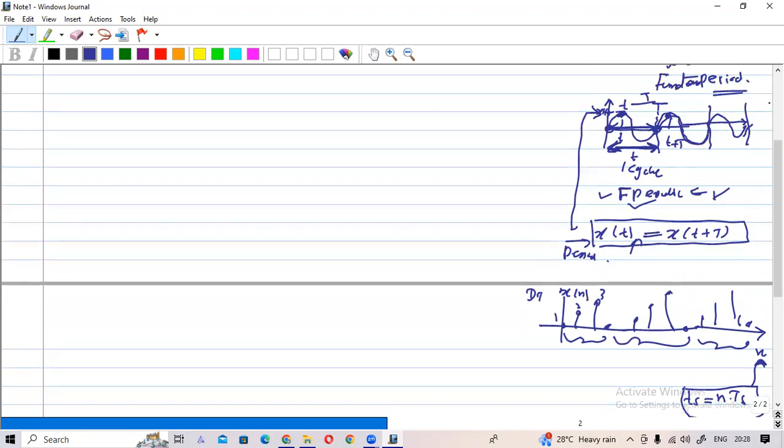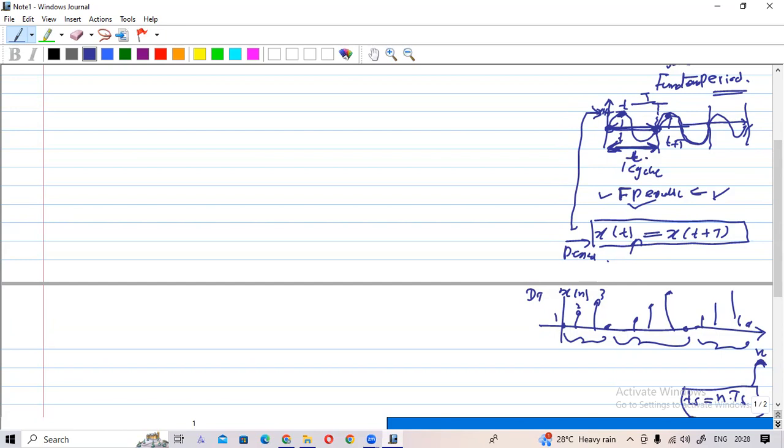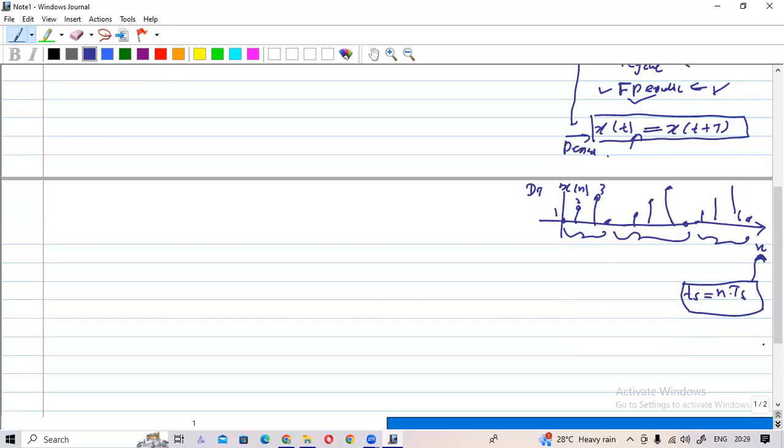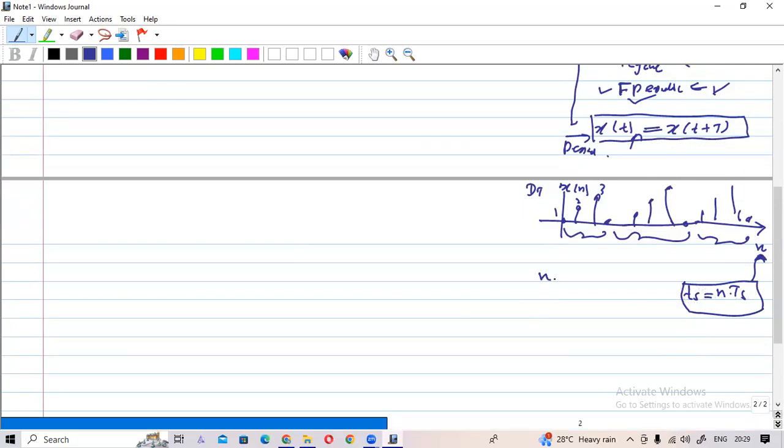A continuous time signal is a function of t, so you measure the period in seconds. Here, this fundamental period, let's say capital T, is measured in seconds, because this is a function of time. But this is a function of n, the sample number, so this period should be measured in n, using a sample number.